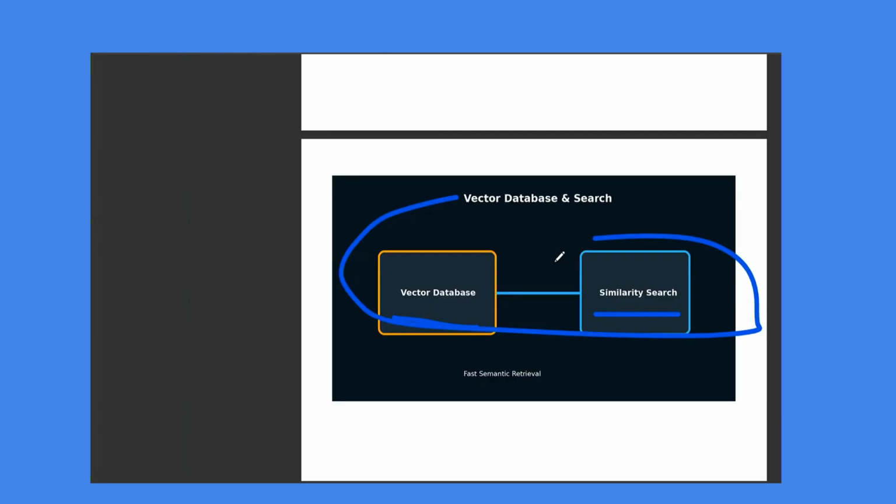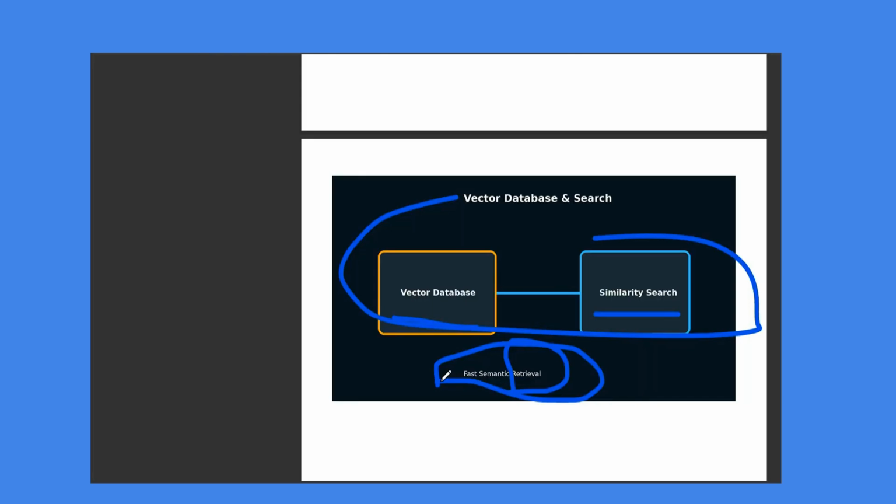Basically, it checks which chunks are most similar to this query, and then it retrieves the most relevant chunks. This process is called retrieval, which we can also call fast semantic retrieval.